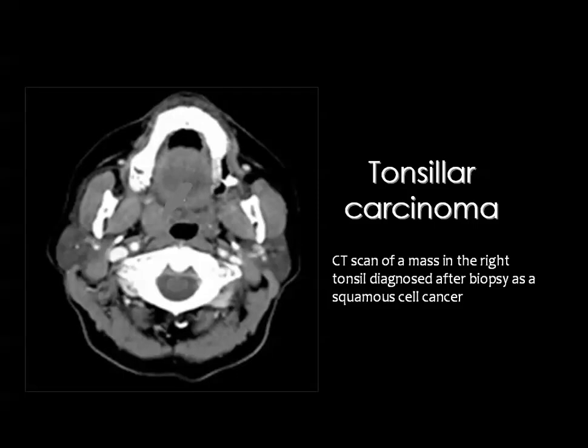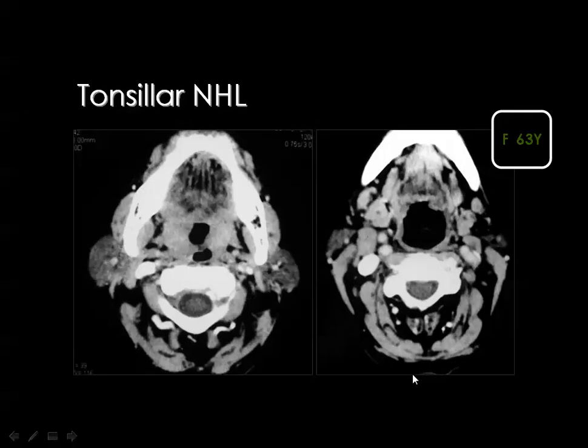And here you can see that the right tonsil is enlarged. It is homogeneously enhanced, and if you look to the parapharyngeal fat, you see the lesion is medial to the parapharyngeal fat. Then you consider it as tonsillar carcinoma, and you may say that this is oropharyngeal cancer.